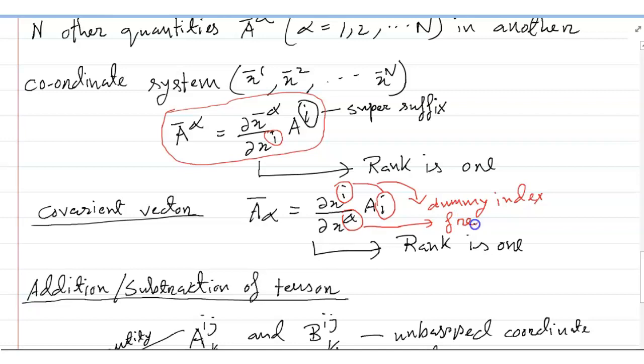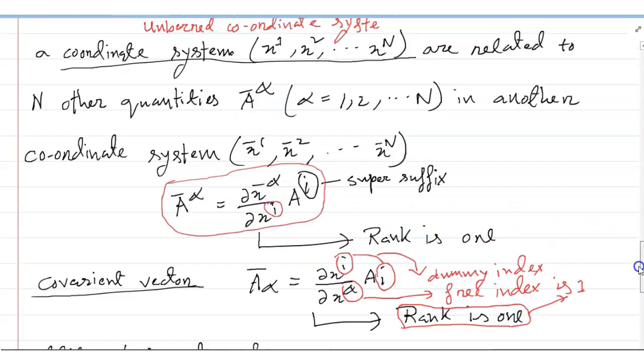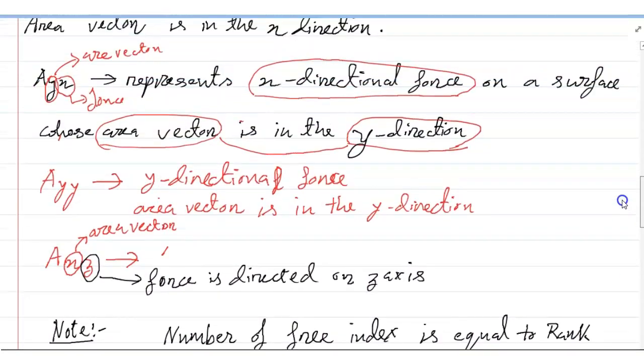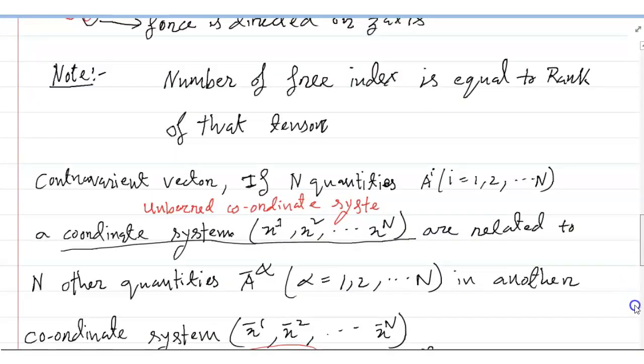So rank depends on the number of free indices. Here you see that rank is 1. Why is rank 1? Because there is only 1 free index. Must remember, friends. I hope I have cleared this concept.